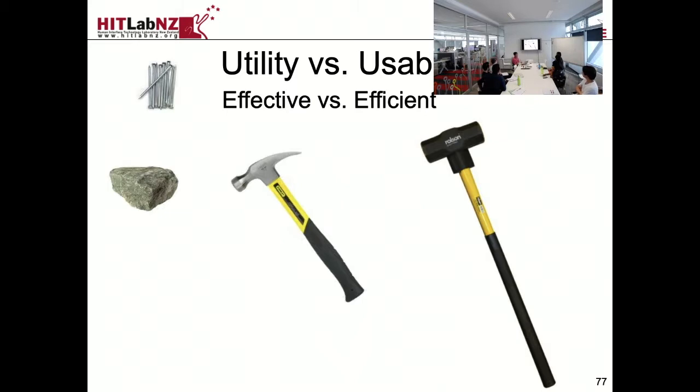If you are strong enough, then even though you use a small hammer, you can put the nail into the rock, so it will work. But if we think about efficiency, then the bigger hammer will maybe be better, or vice versa, because it is much harder to target the nail. So a safety issue will arise. So I'm not sure which will be better. But clearly, this kind of thing will not work, right?